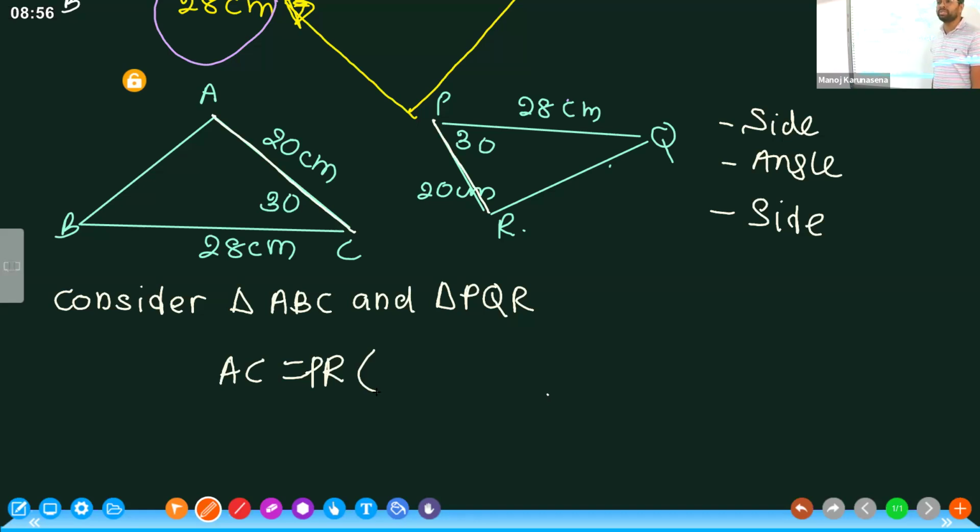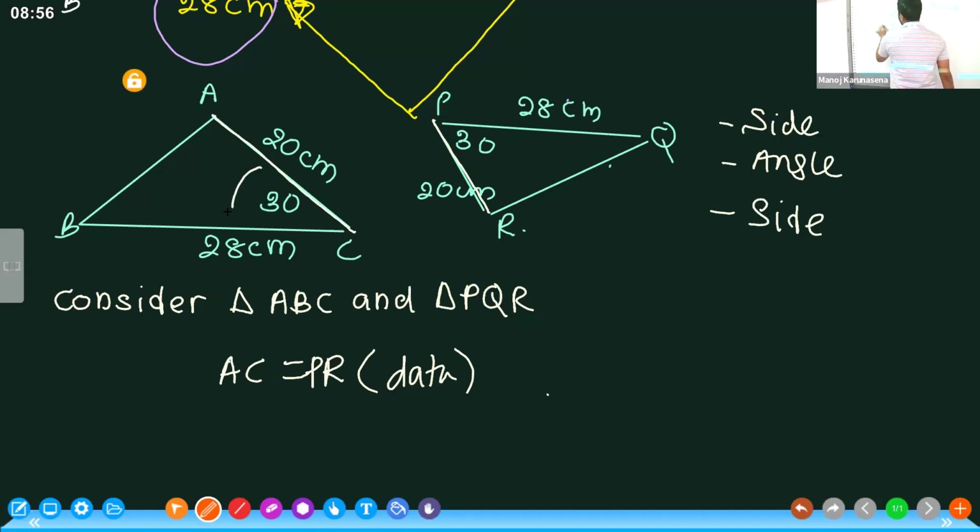Because that is given as information, data. You have to write the reason inside the brackets. That is purely because it is given in the question, so we can write it as data. From the figure itself, we know that these two sides are equal.